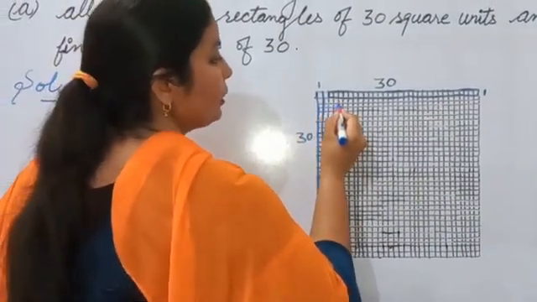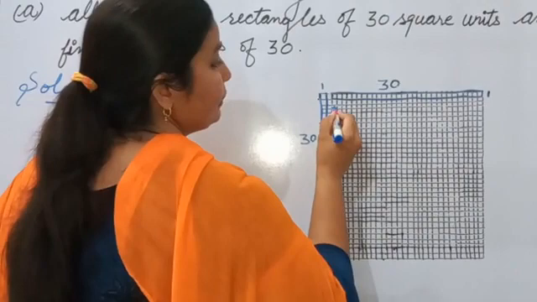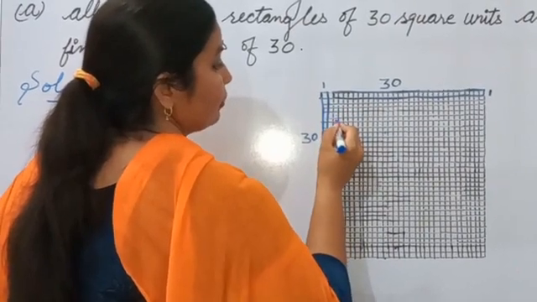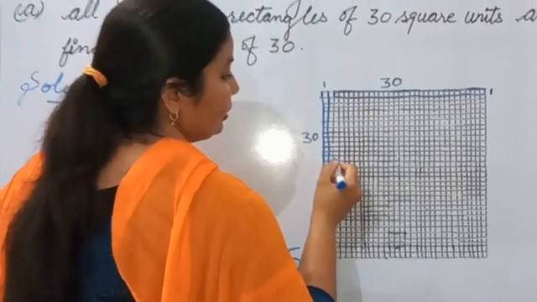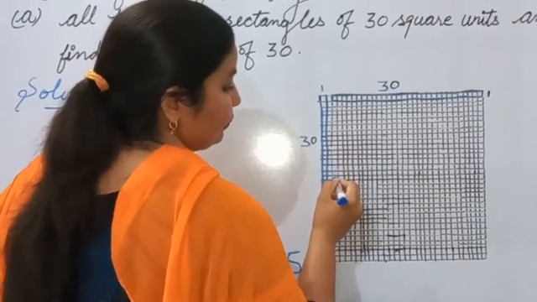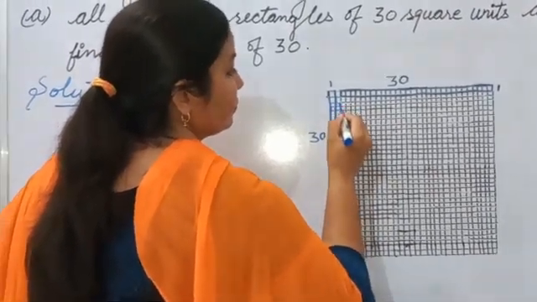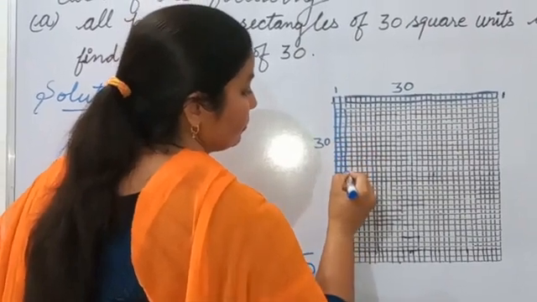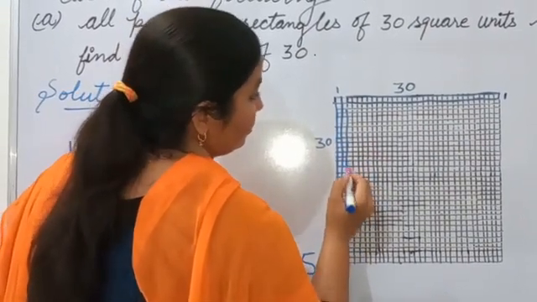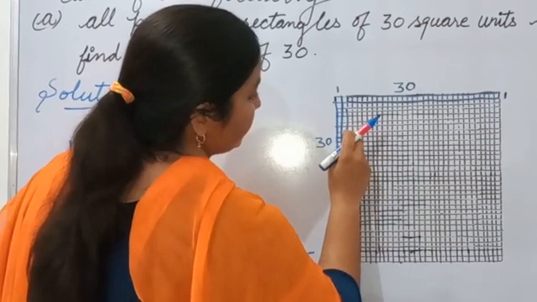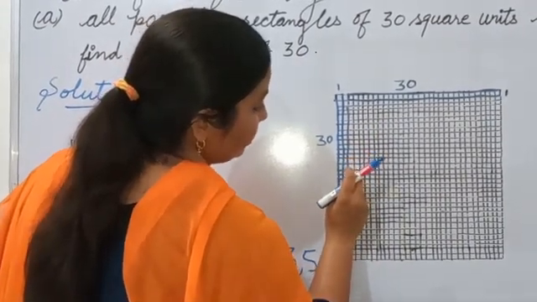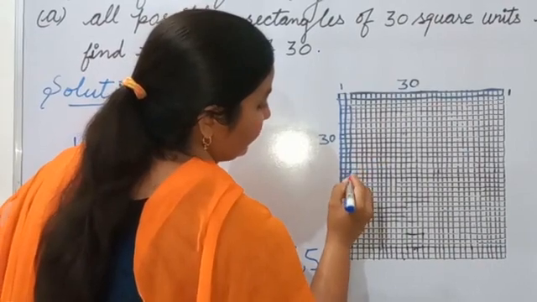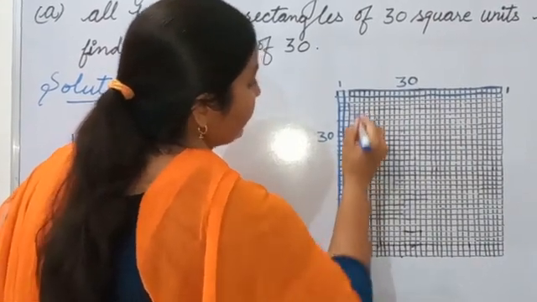This is 1, 2: 2 length and 15 breadth. 1, 2, 3, up to 15. Till here we have to take 2 by 15.